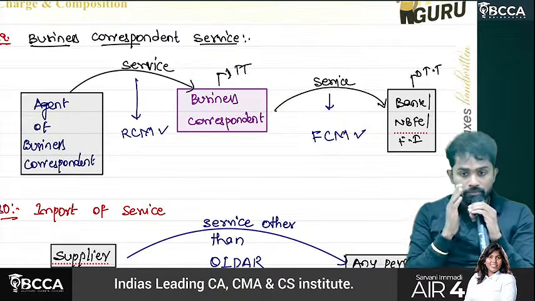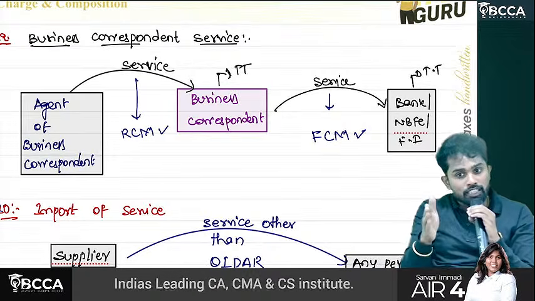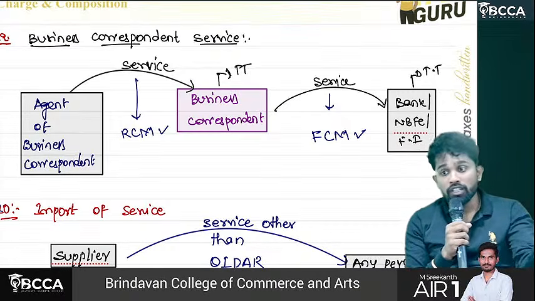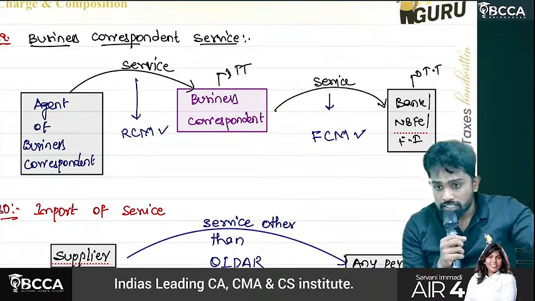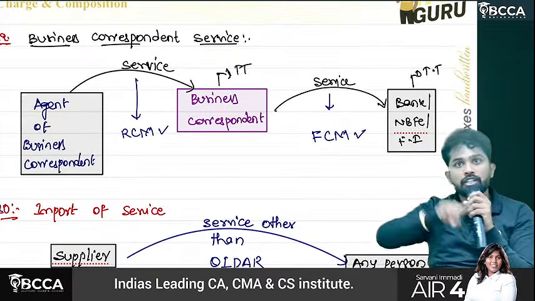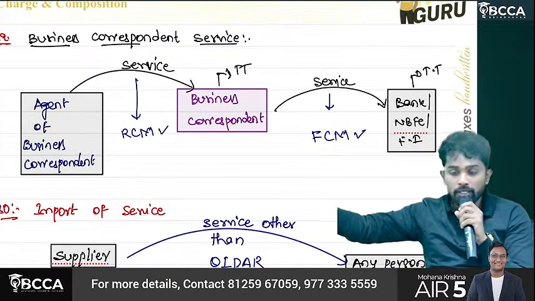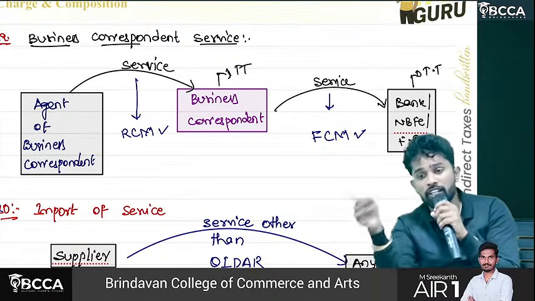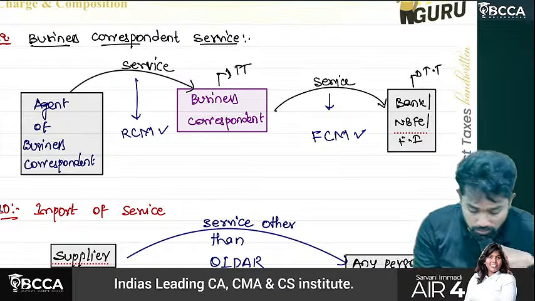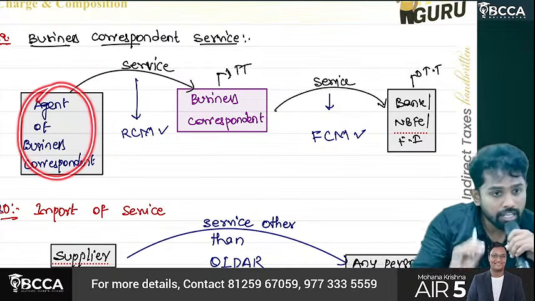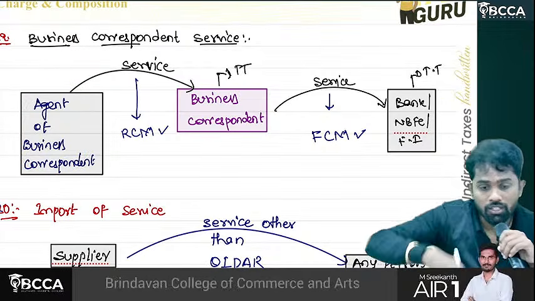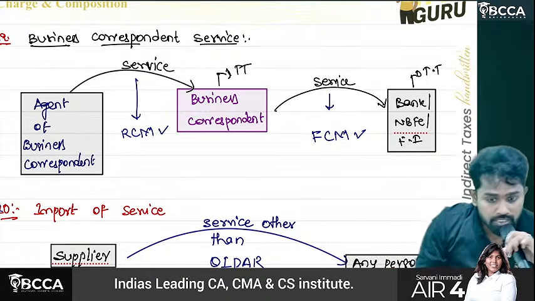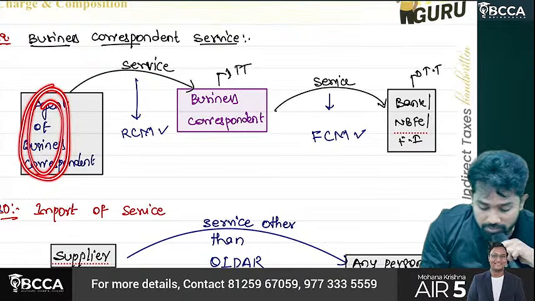Okay, sir. So now, the business correspondent is LIC. Now LIC has an agent. This agent is called what? Agent of business correspondent. LIC works on behalf of whom? Bank. But this agent works on behalf of the business correspondent. So I give the forms and deposits to the LIC agent; I'll not go directly to the bank. Now this LIC agent is providing services to whom?